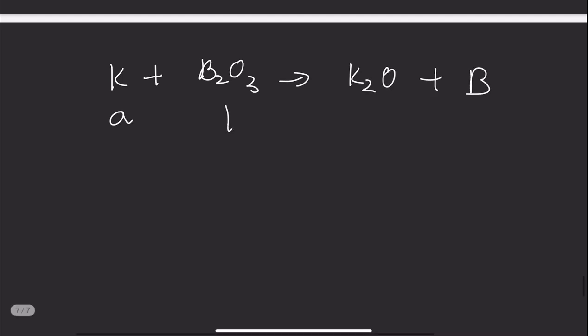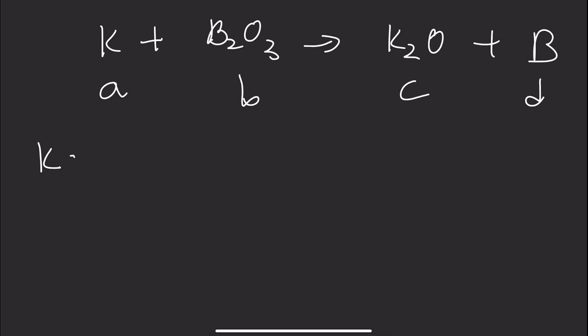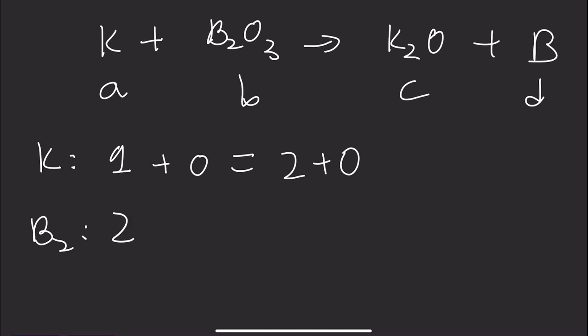Let's label them A, B, C, D. And let's see. For K, it's 1 plus 0 equals 2C plus 0.